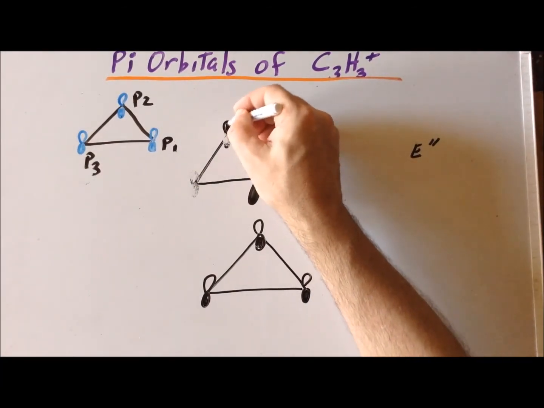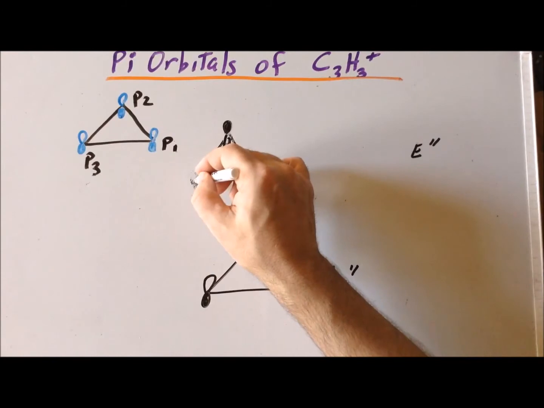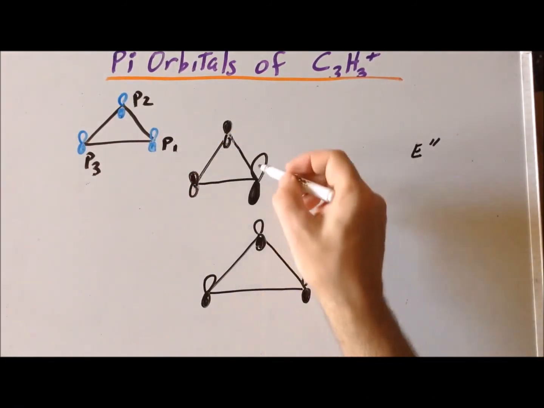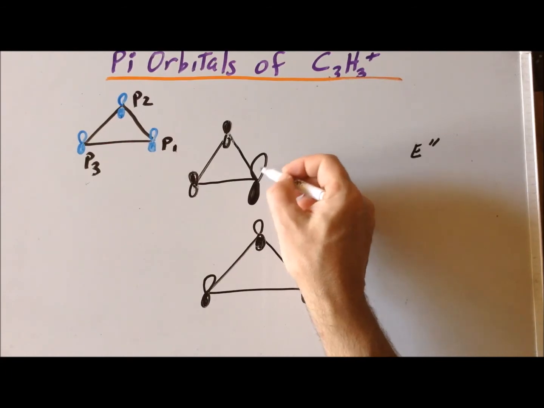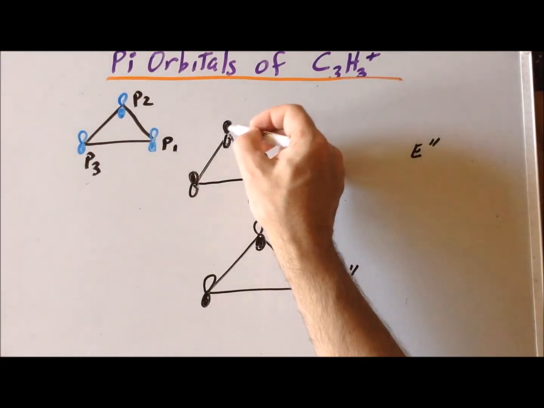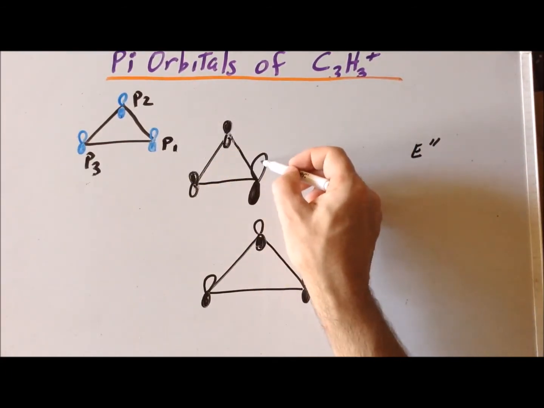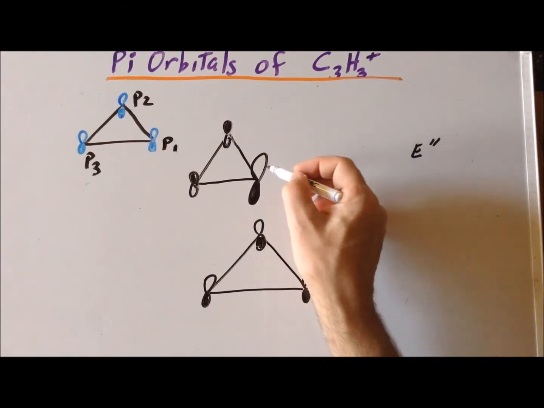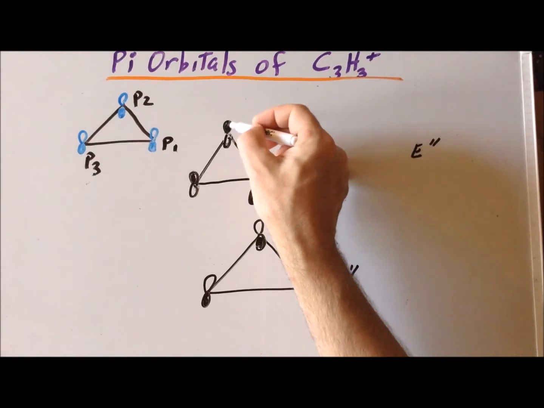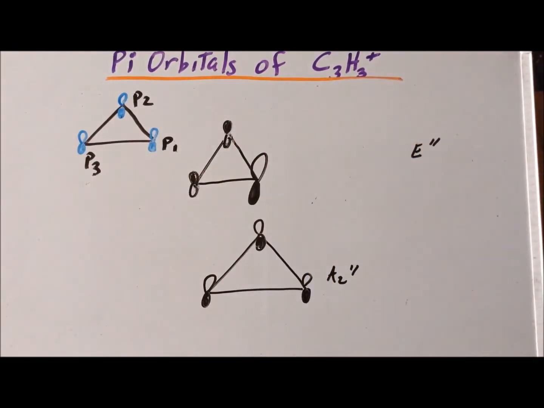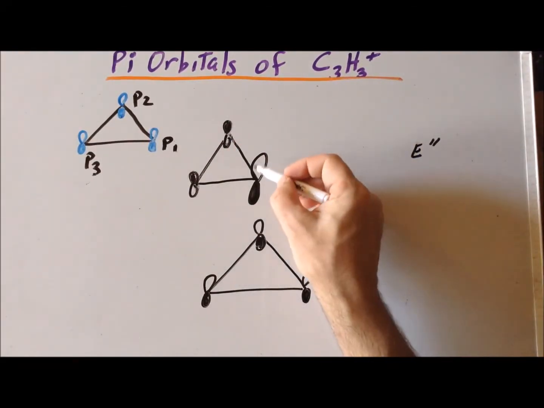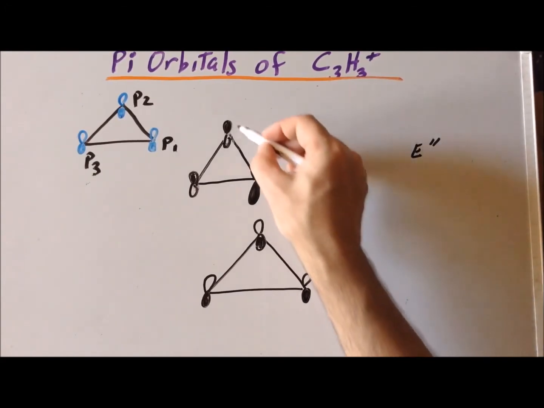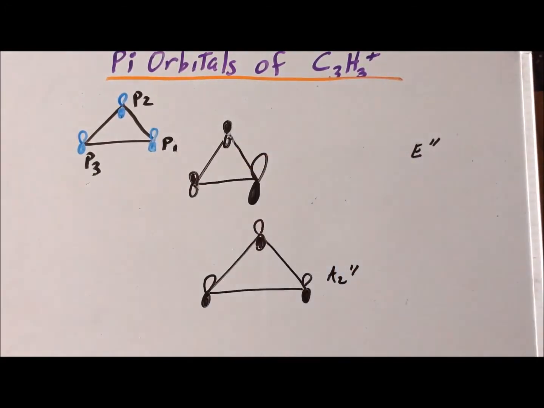Here we want to have the negative phase on top. That's a mistake there. And for P3 as well, since we have plus 2P1 minus P2 minus P3, we have positive, negative, negative phase. Also, the coefficient for P1 is 2, whereas the coefficients for P2 and P3 are minus 1, which tells us that this atomic orbital contributes twice as much as P2 and P3.